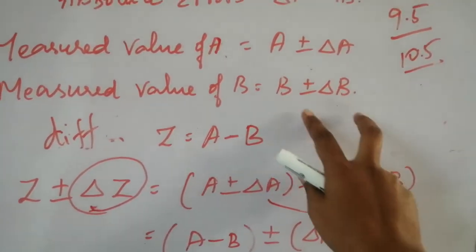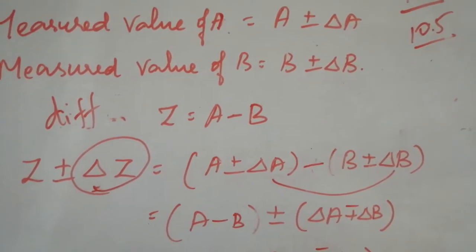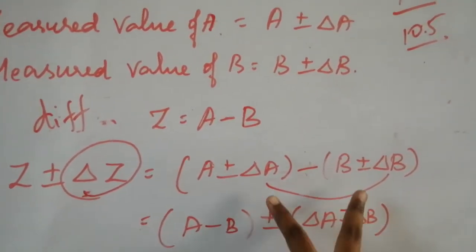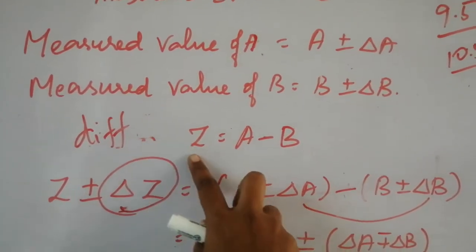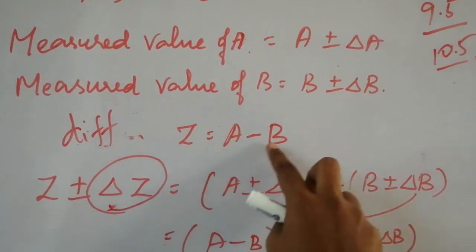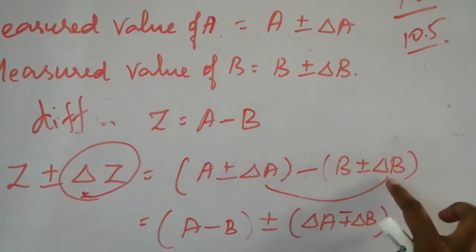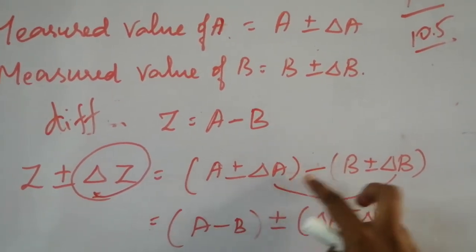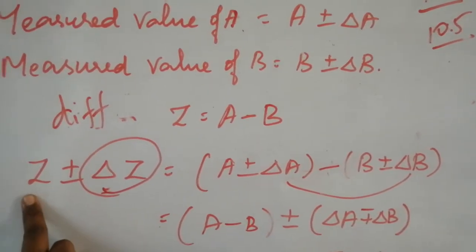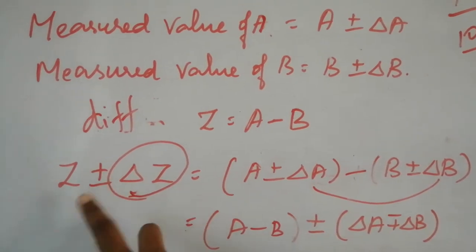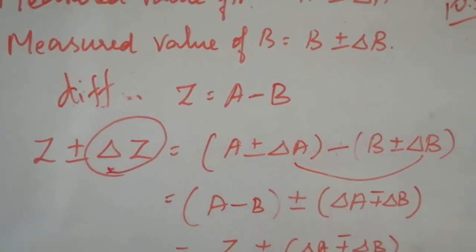The second value is B plus or minus del B. Actually the difference should be Z equal to A minus B, but I am writing it this way. It includes the error also, that is plus or minus error. So it is the original difference value Z plus or minus the error in the difference, that is del Z.